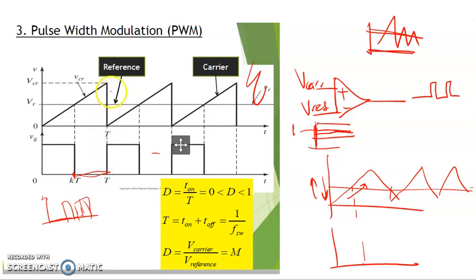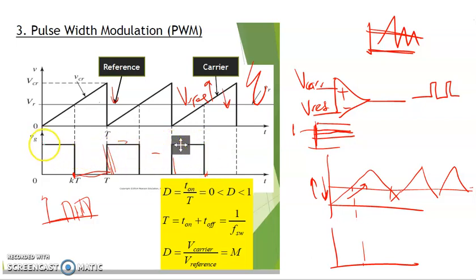When it intersects from higher to lower voltage with V reference: if V reference is higher compared to the carrier, you have a higher output, a positive or 1 output. If V reference is lower than the carrier, you have a 0 or lower output. So there will be 1 and 0, 1 and 0, 1, 0.